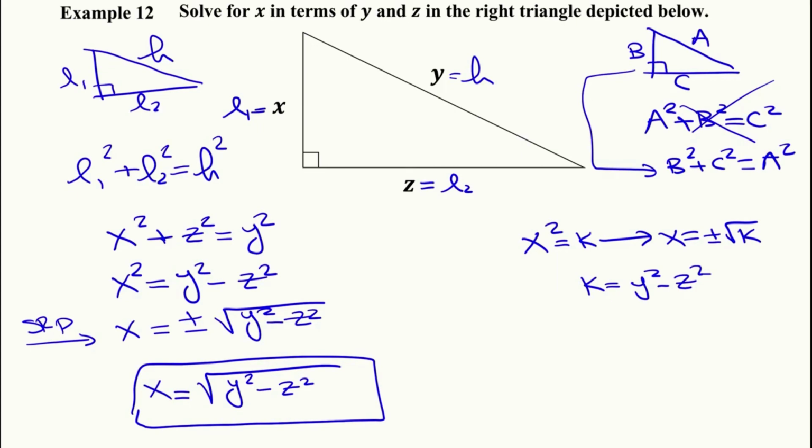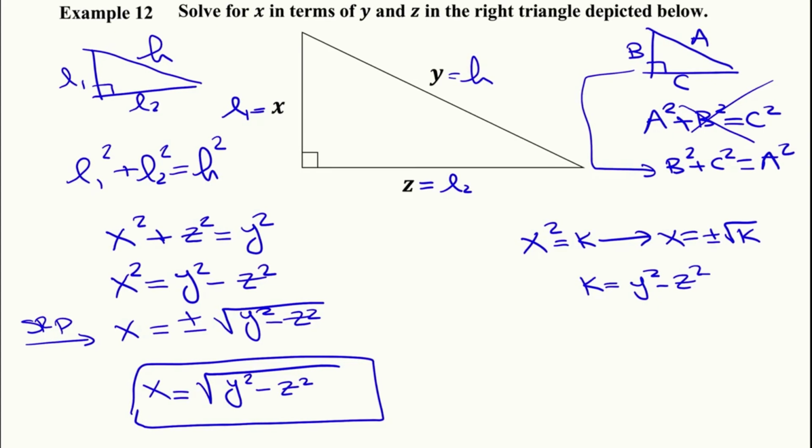There's only one thing I really want you to be careful about, and that is to make sure you don't say that this is equal to y minus z, because it absolutely is not. The reason students make that mistake is because if it were multiplication, it would work.